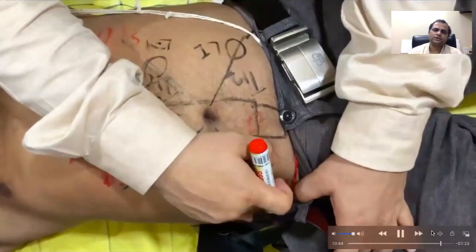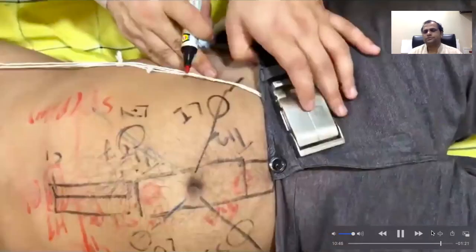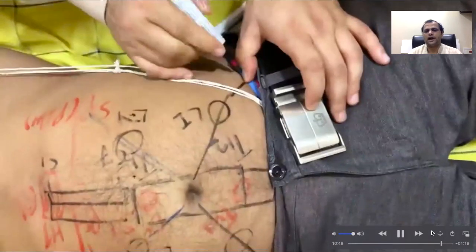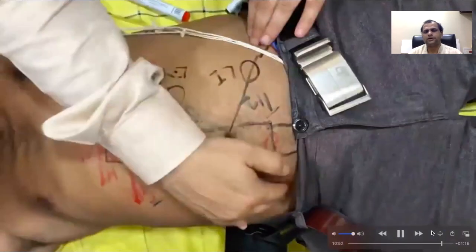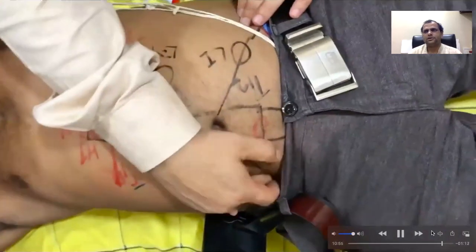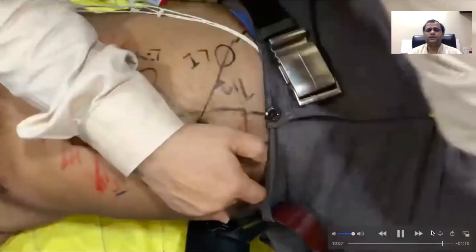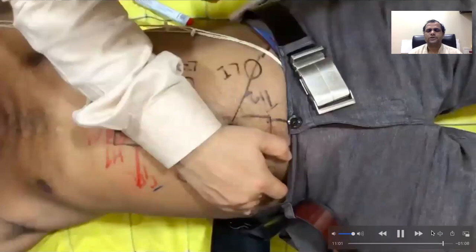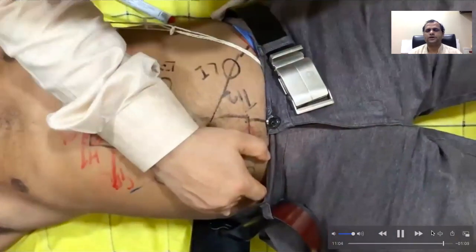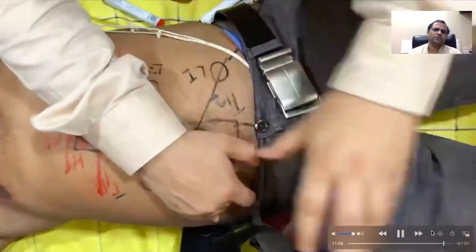So we can ask the patient, if the left side is painful, whether you are suffering with pain somewhere on that side, like right knee pain or left knee pain. Wherever the pain is, if it is on the right side, it shows a problem in the right side of the body, or pain in the left kidney shows a problem in the left side of the body.